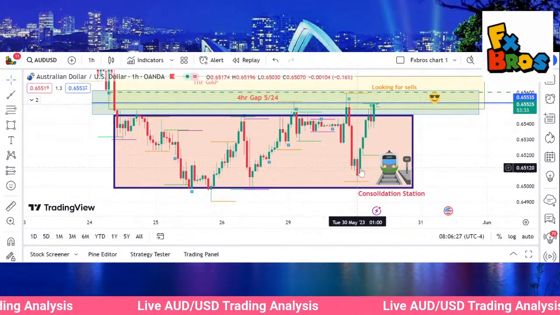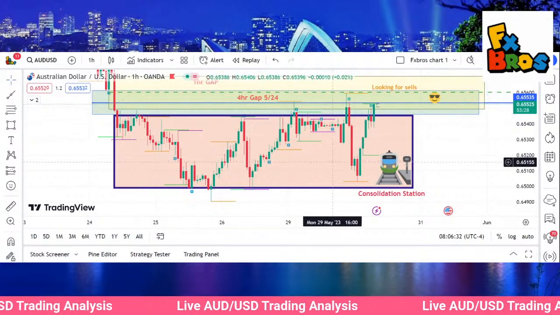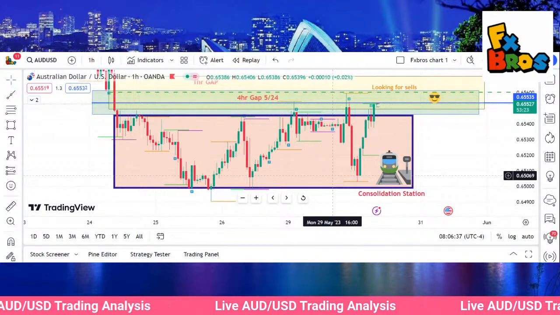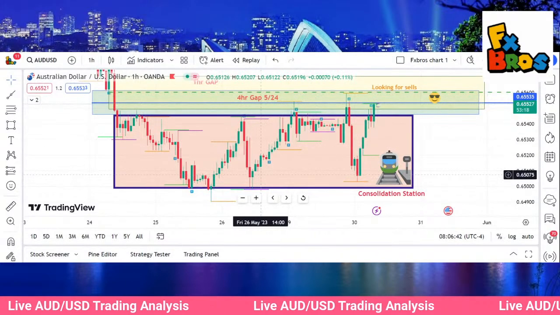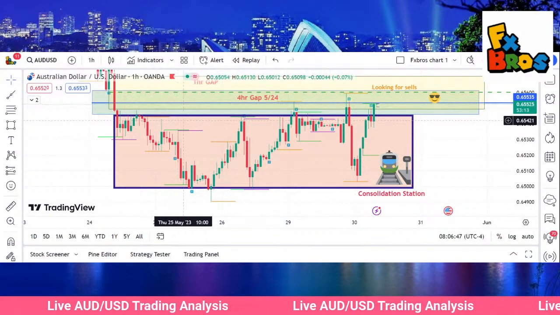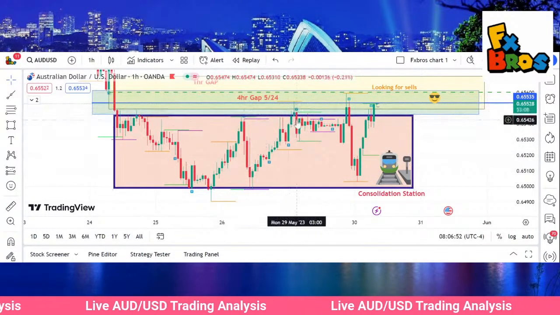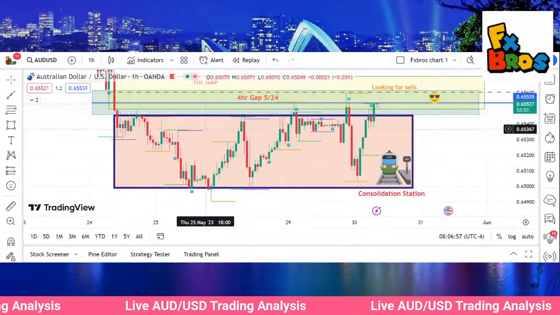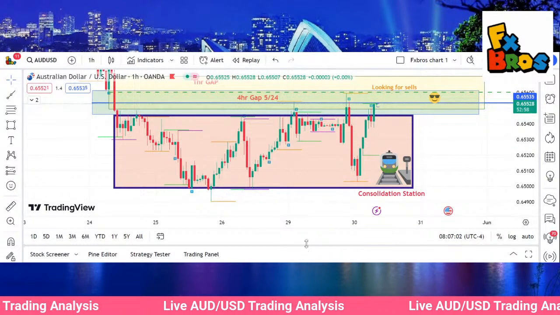We had just this one, that color change. I feel like that was more of just what price action needed and wanted to do after it reached this lowest point it could reach. If I'm looking at the market, I would probably expect either this sell scenario or this sell scenario, only because this high took out this swing point right here, so I would look for a market continuation to the bearish.